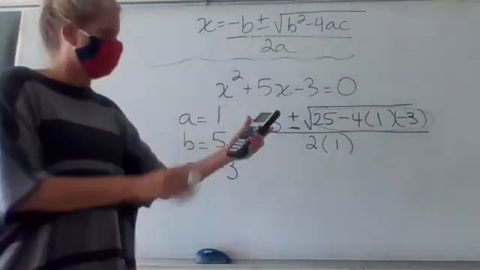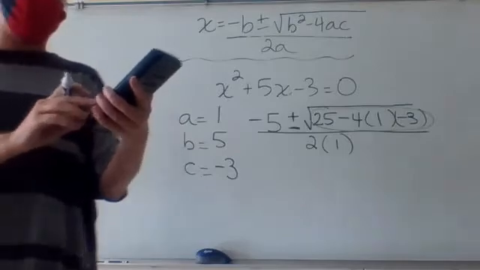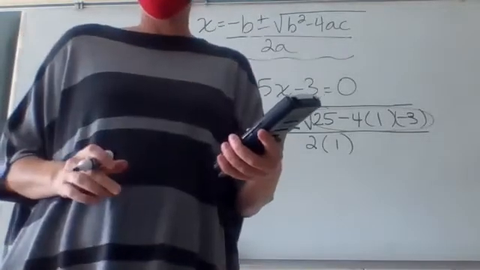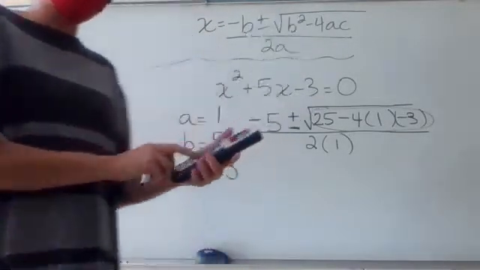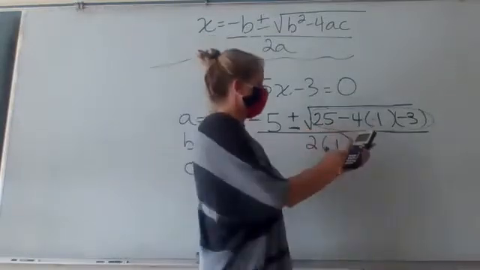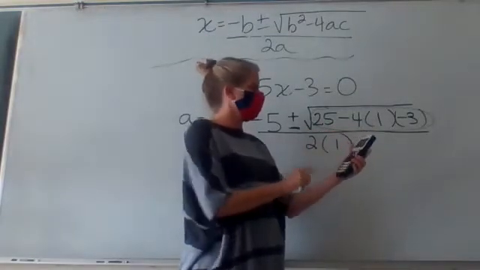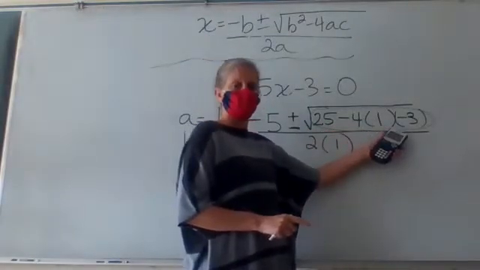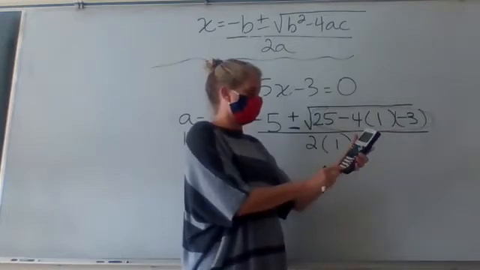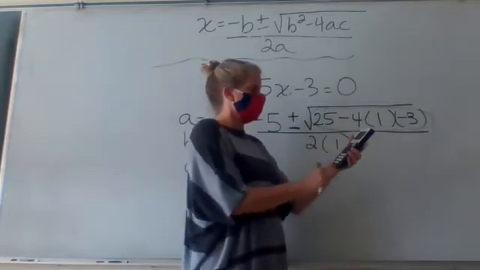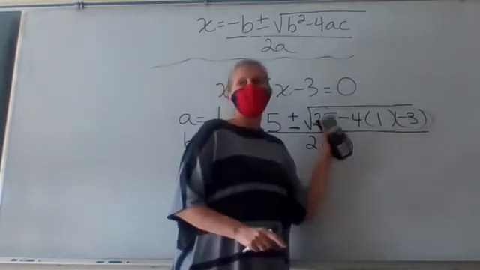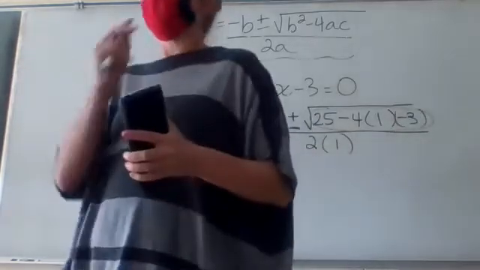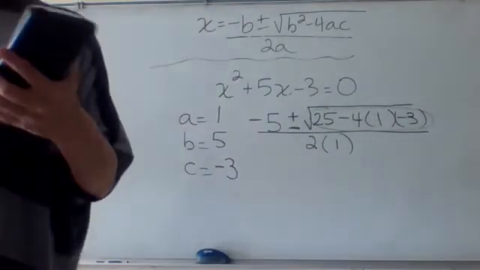Type in exactly what you see. 25 minus 4. Then, just like it says right here, open parentheses, 1, close, open parentheses, -3, close. It'll do all that math at once. It follows the order of operations and everything.